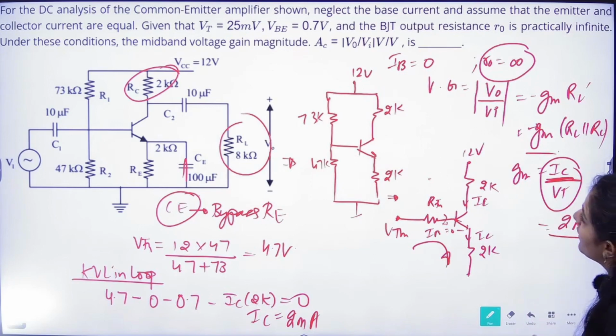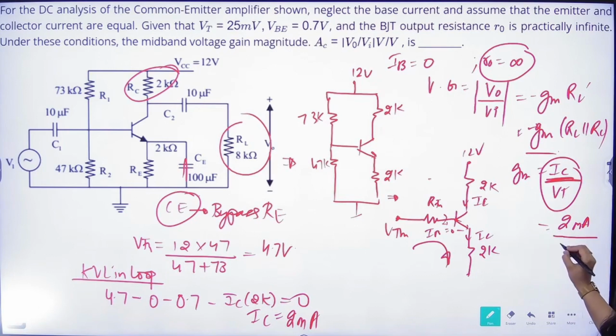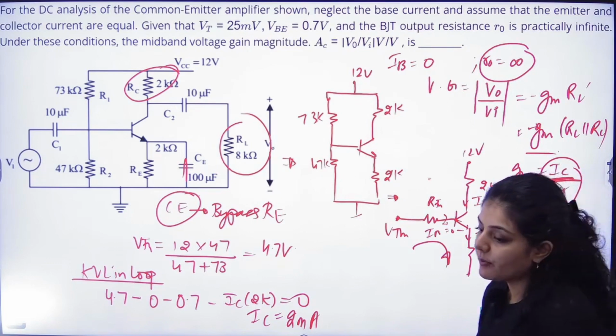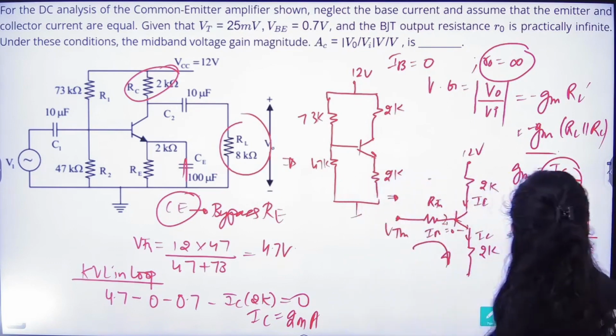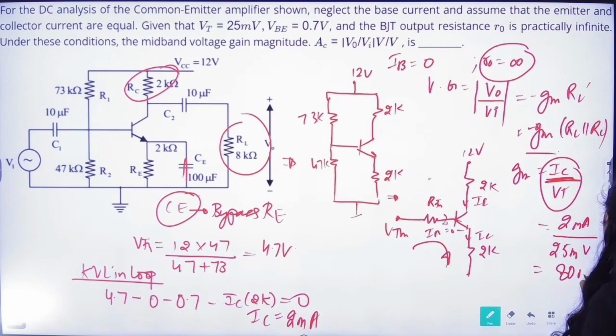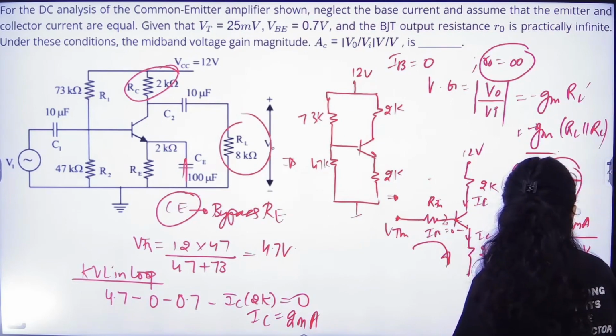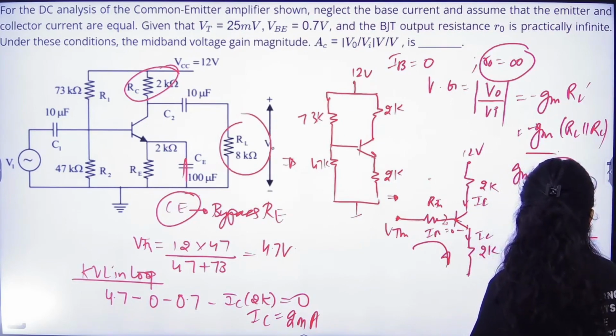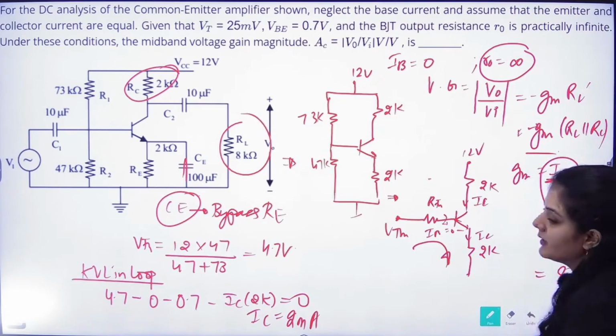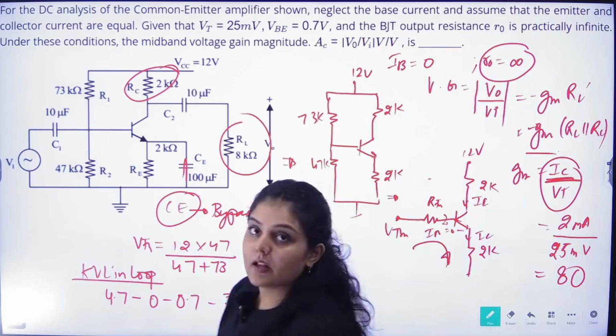So it is 2 milliampere. VT is given to us, which is equal to 25 millivolts. So the GM value will come out to be 80 millisiemens.